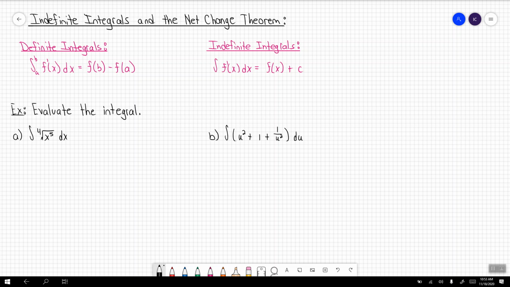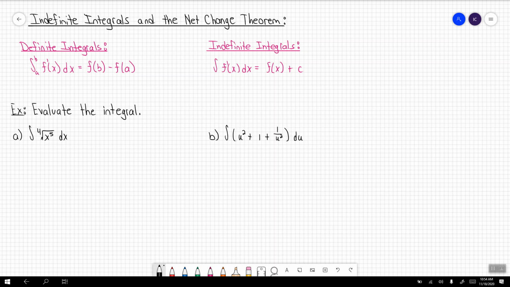The difference between them is that the definite integral has bounds, from a to b. An indefinite integral does not, meaning we just want to find, in general, what is the antiderivative for the function. In other words, what is the integral for the function? In general, no bounds.